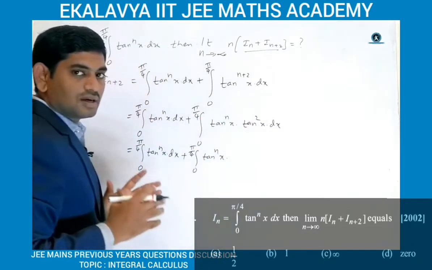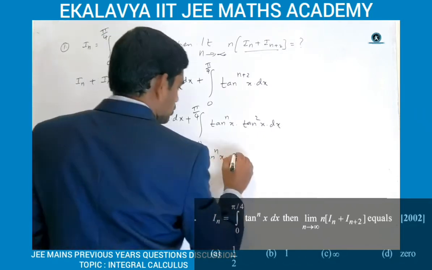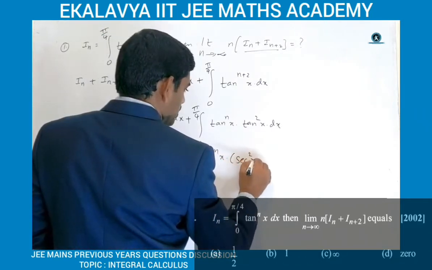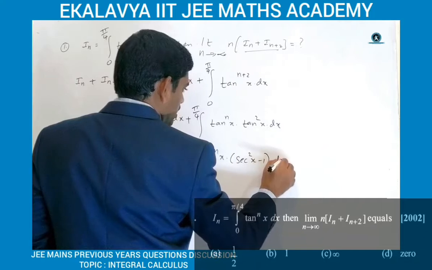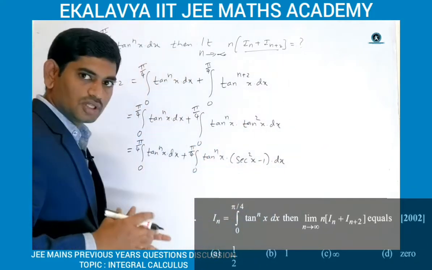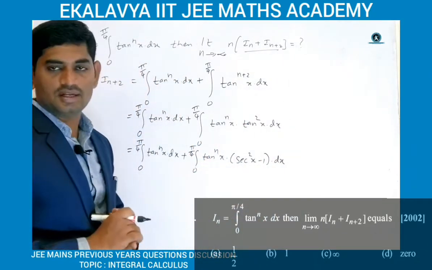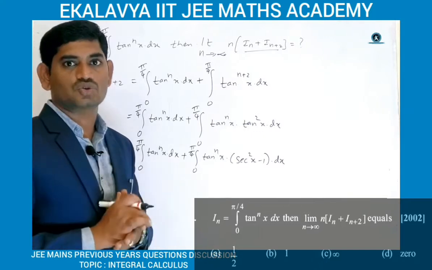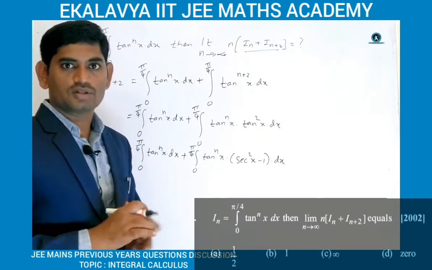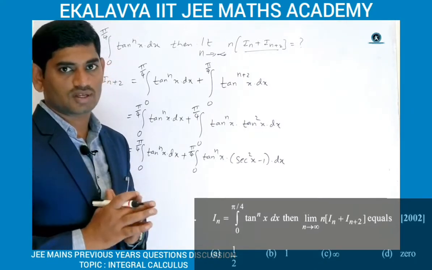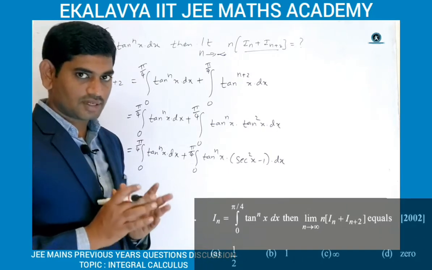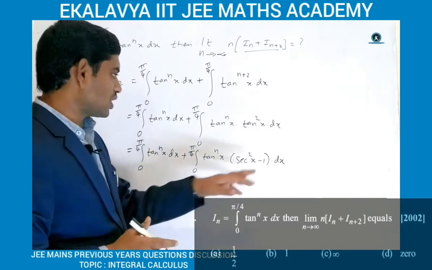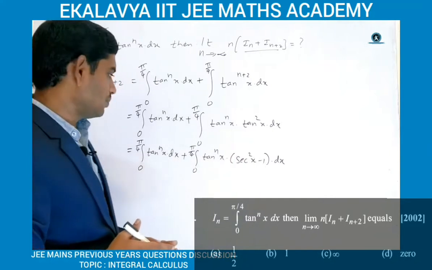Now this tan square x we can also write as (secant square x minus 1) into dx. By using the trigonometric identity, secant square x minus tan square x is equal to 1, from this tan square x is equal to secant square x minus 1.